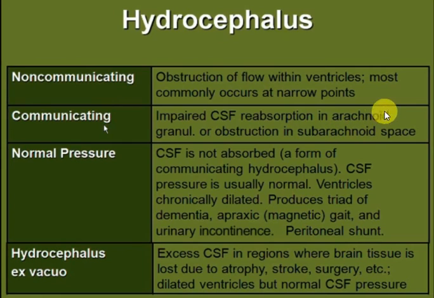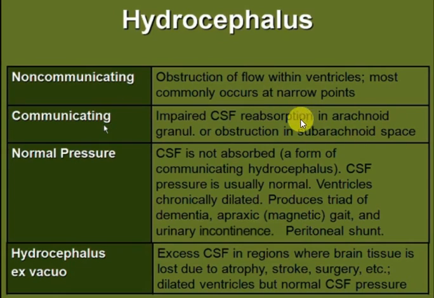If there is some problem in the arachnoid granulations, for example in some forms of meningitis, the arachnoid granulations become inflamed, and that obstructs the flow of CSF from the subarachnoid space into the dural venous sinuses. So this is a communicating type of hydrocephalus. Any tumor within the subarachnoid space could also cause communicating hydrocephalus.